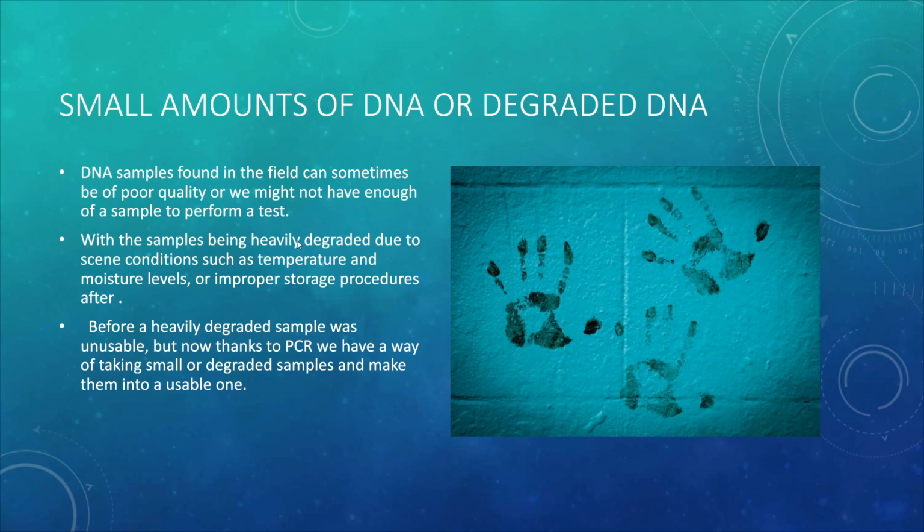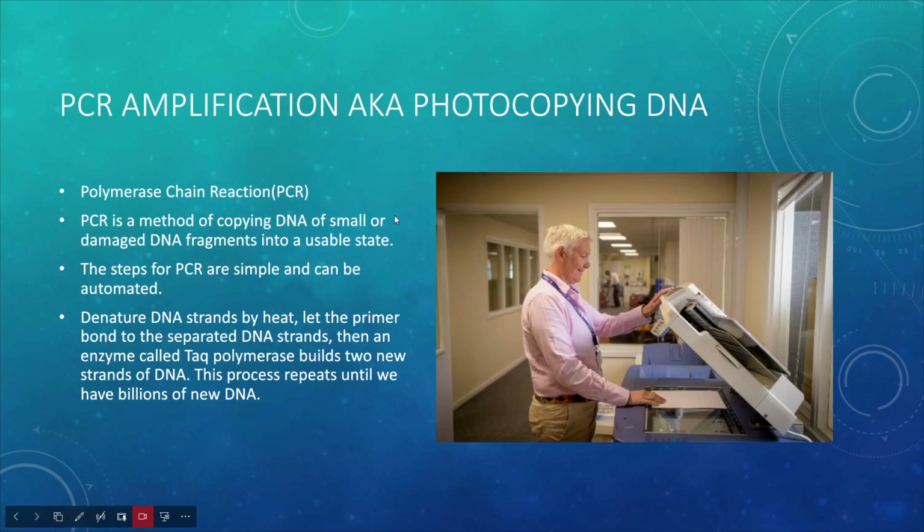But now we have a new method, PCR, that makes it so we can use smaller amounts or heavily degraded DNA samples for proper DNA forensics. Now, what is PCR? PCR stands for polymerase chain reaction, and it's a really groundbreaking method that lets us essentially amplify DNA samples.